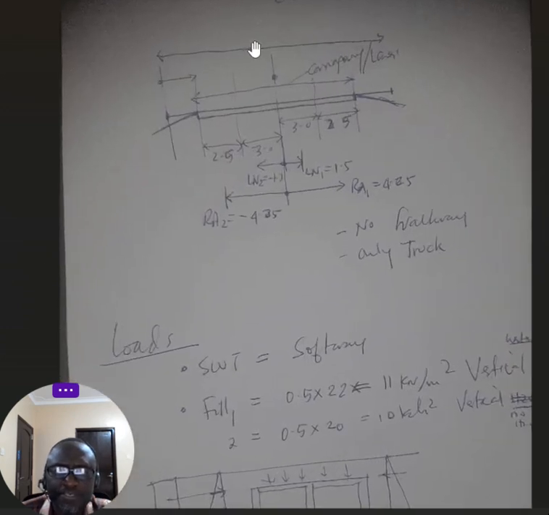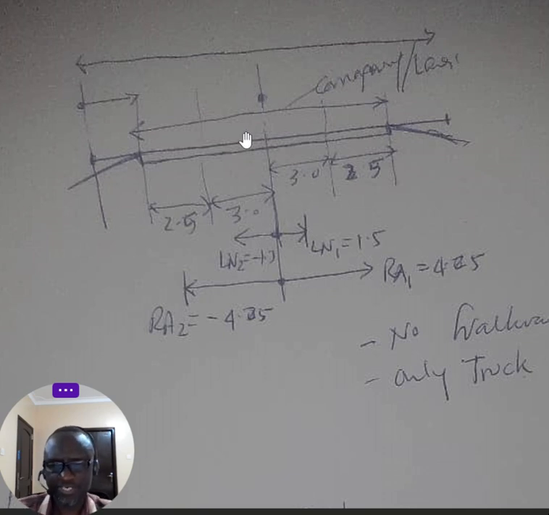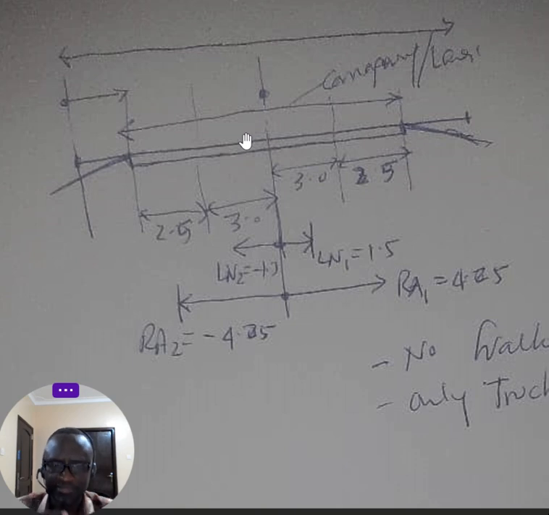Now, for the lane, when you are dealing with Eurocode, I think there's a formula for Eurocode, but we have now crammed it that for Eurocode you have a standard width of 3 meters. So irrespective of the point where you are measuring from, you do your 3, 3, 3. What remains becomes a remaining lane.